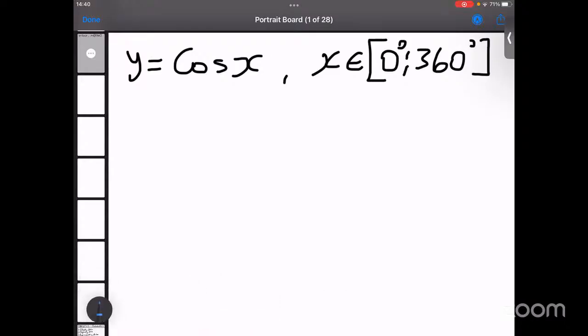Let's plot another one of that same mother graph, but this time around we are going to shift it. Let's shift it by maybe that.